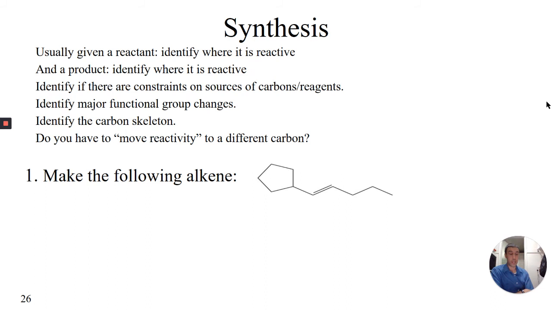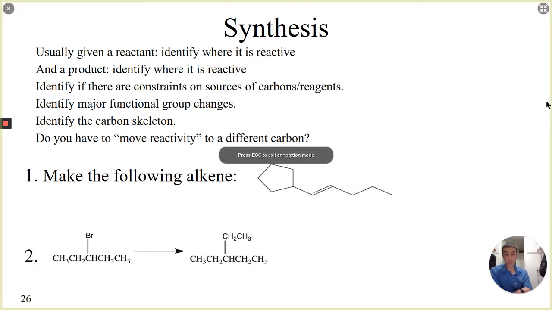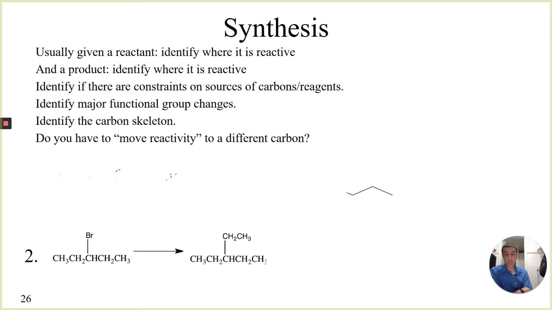Okay, for the next one, if we're looking at this process, I said as a suggestion, a potential for a Grignard, and I said you could do it as a Wittig too, so I'll show them both. If we were to go through and do a Grignard, the first thing we would do with our alkyl halide is add the magnesium.